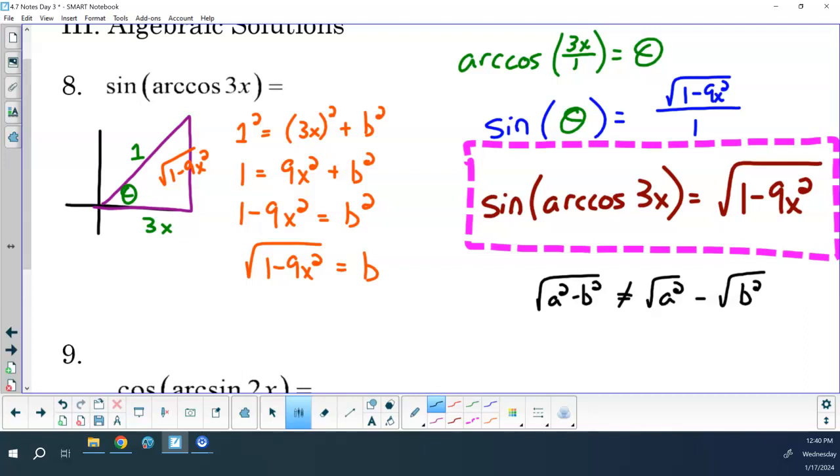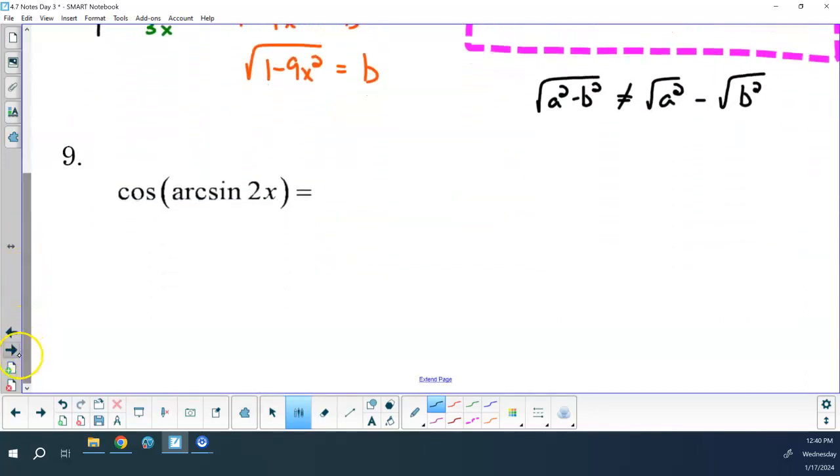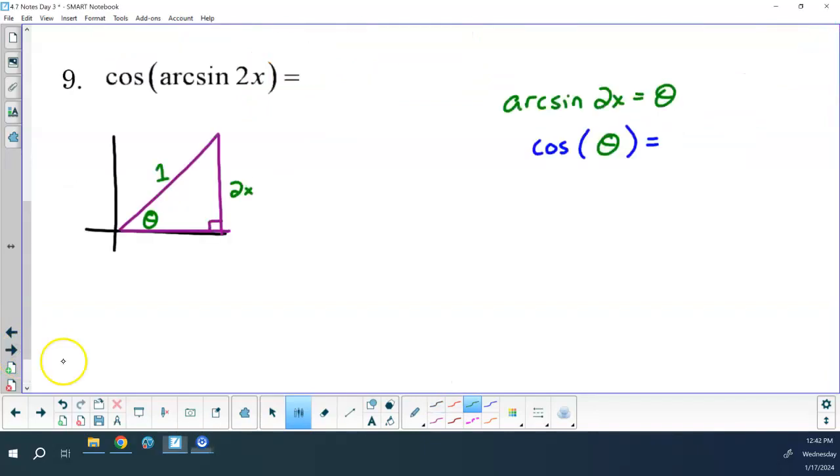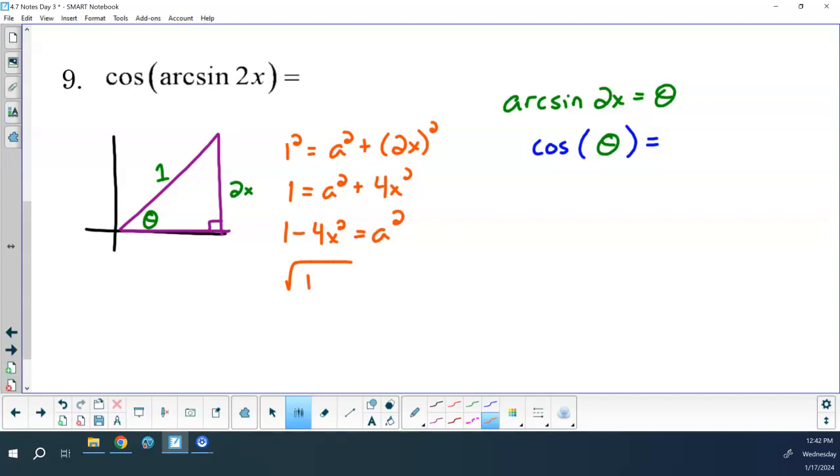Now you figure out for me the cosine of the arc sine of 2x. Cosine is adjacent over hypotenuse.